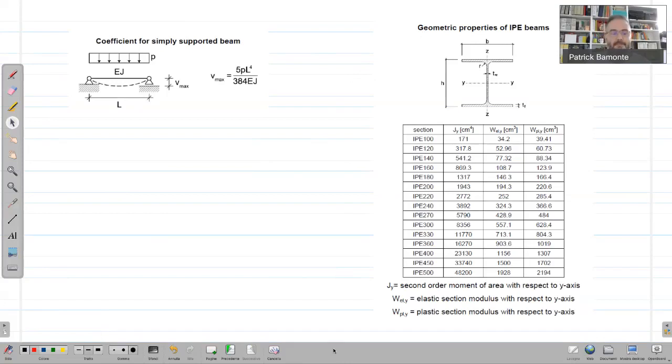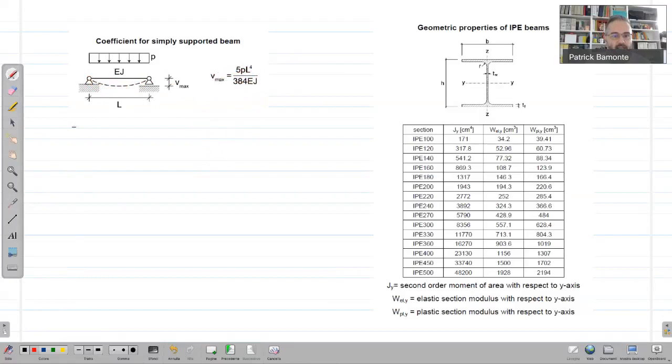So basically, you have to make sure that the beam is designed in such a way that the maximum displacement at midspan, represented in this diagram, so the deformed shape under a distributed load looks something like this with a maximum displacement at midspan, and the expression is given by this, function of the load, the length, the elastic modulus, and the second moment of area of the section, does not exceed L divided by 300.